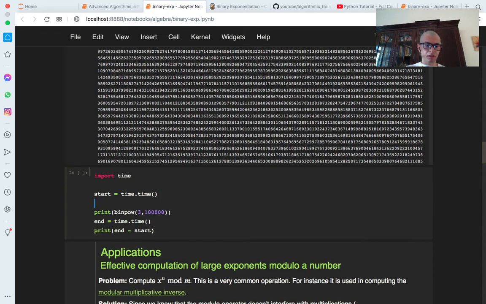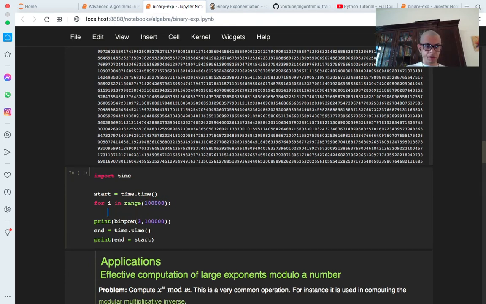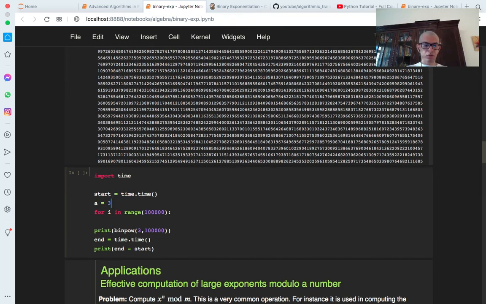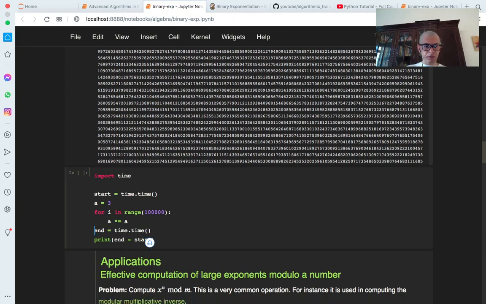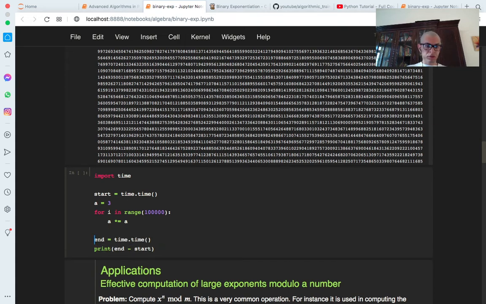Let's say for i in range 100,000, say a equals 3, so a times equals 3, yeah, times equals a, and here we have start, and then we can just comment this line or get rid of it, and maybe print a.